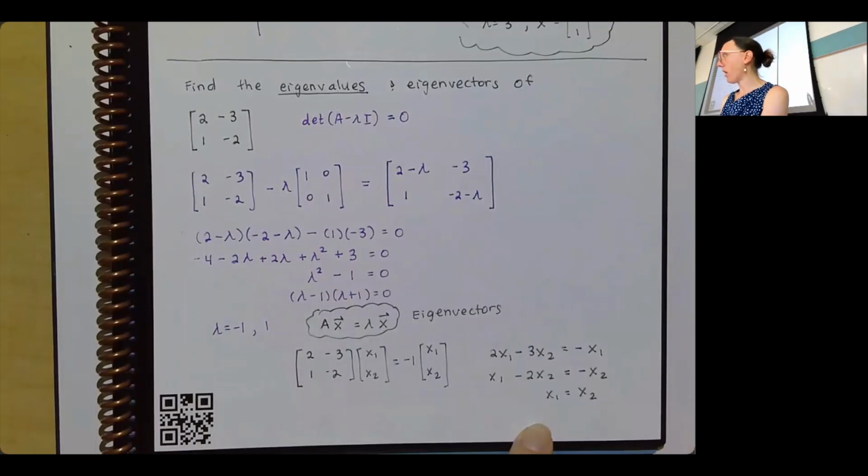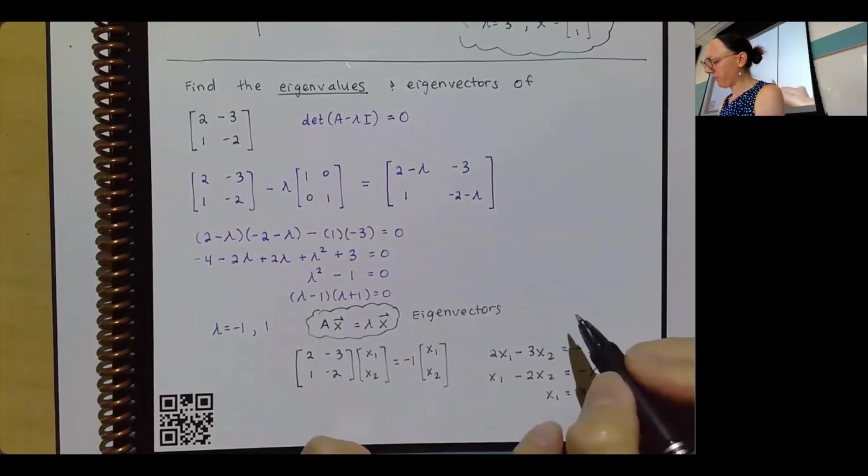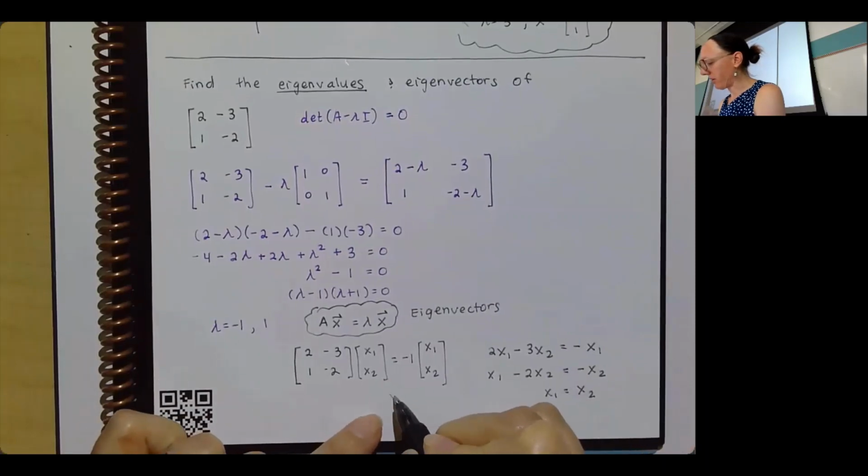Does that look like what you all got? And if I rearrange the top equation, I should be able to get to the same place. So in terms of a pairing, if I plug in 1 for x1, it means x2 is also equal to 1. So this is going to give me the vector 1, 1.